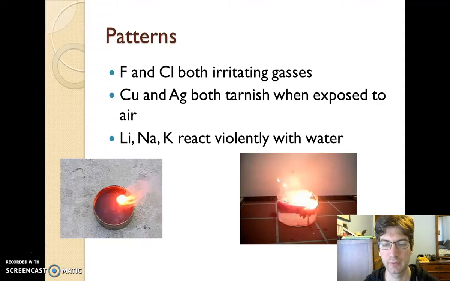I am going to be using the chemical symbols for all of these just to get you used to reading things by the letters instead of the actual names here. But F is fluorine and Cl is chlorine. He noticed that fluorine and chlorine are both irritating gases. You do not want to sit here and breathe in these things. They will burn your nasal cavity.